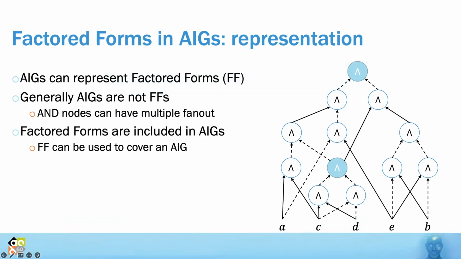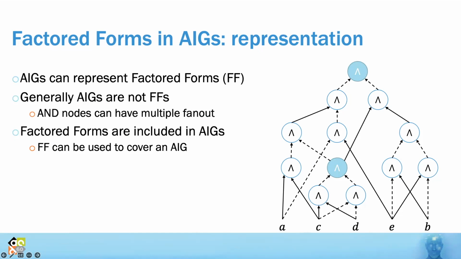So we can say that AIGs can represent factor forms, and generally AIGs are not factor forms. In fact, in AIGs, nodes can have multiple fan-out. But factor forms can be included in AIGs and can be used to cover completely an AIG.